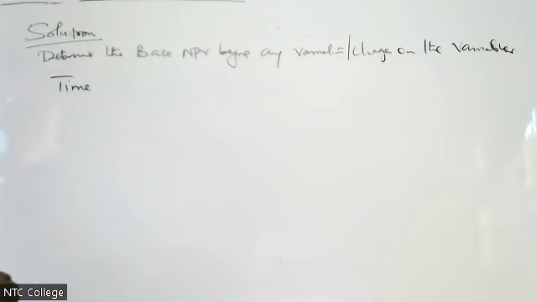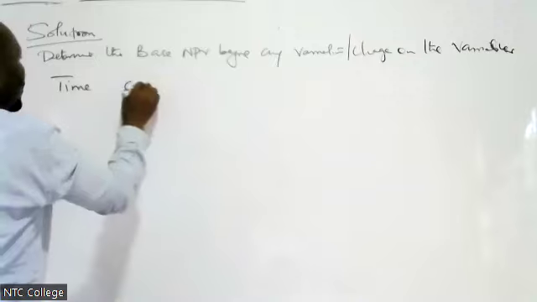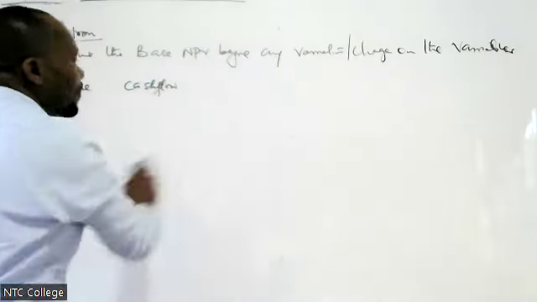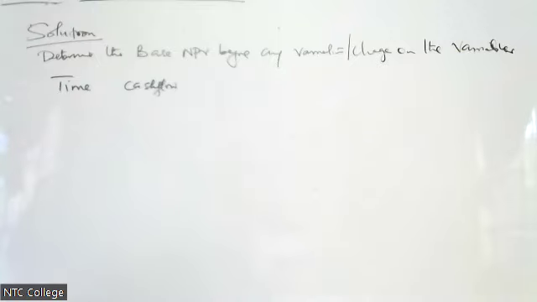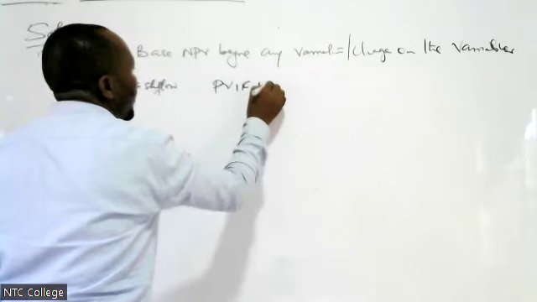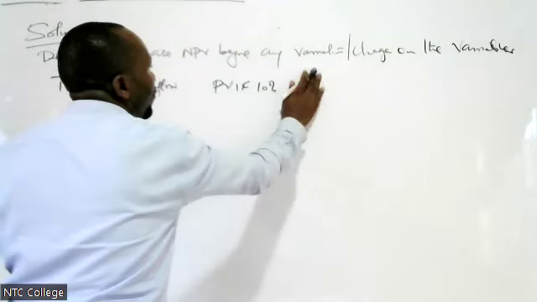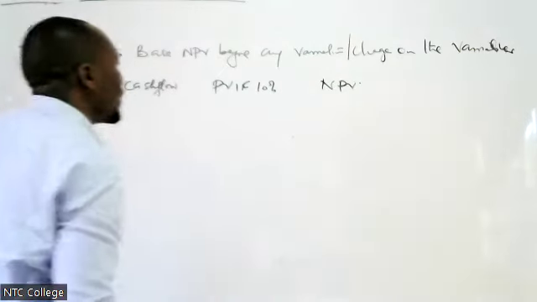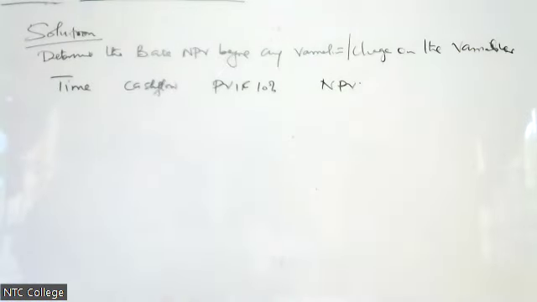So we need to have our cash flow, then our PV at 10%. Then we shall have our NPV, right?